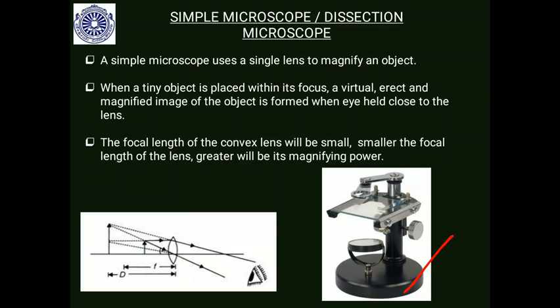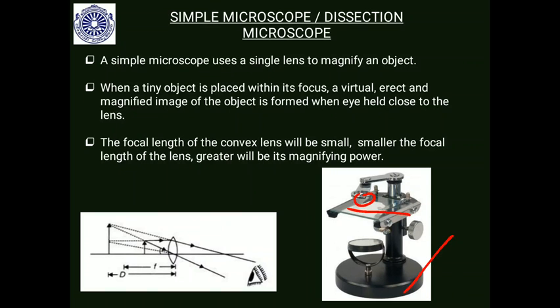It is just like using a lens to view a small object. A simple microscope uses a single lens to magnify an object. When a tiny object is placed on this platform, a slide or an object, you can view it.